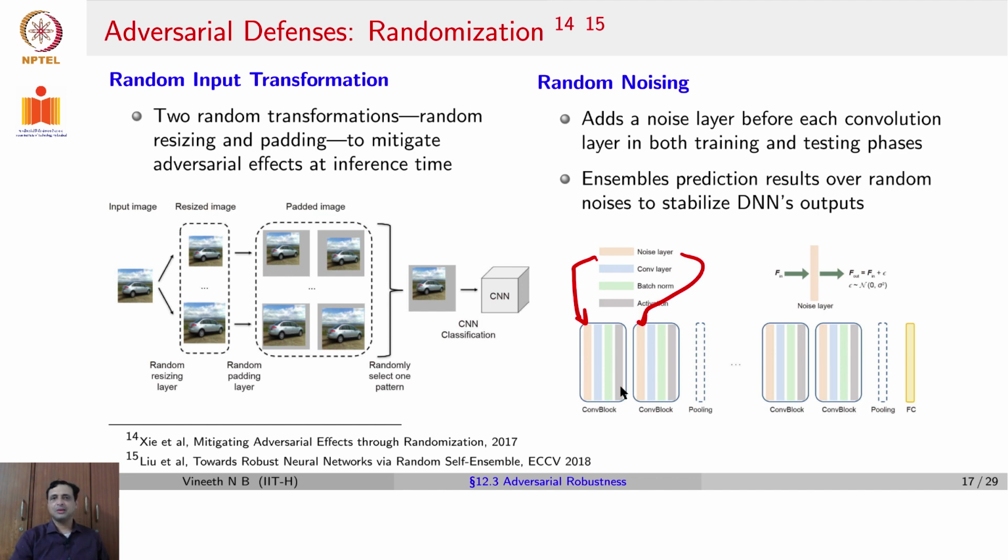What's the purpose? Both at training and testing, you add multiple random noises and ensemble your prediction results across all of these randomly perturbed inputs, and this gives you robustness against adversarial attacks, at least to an extent.